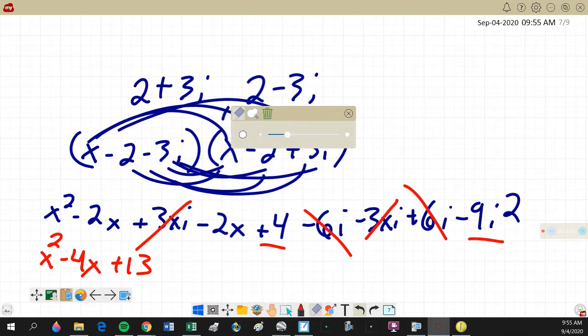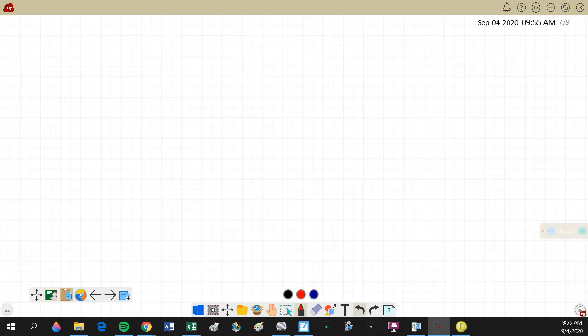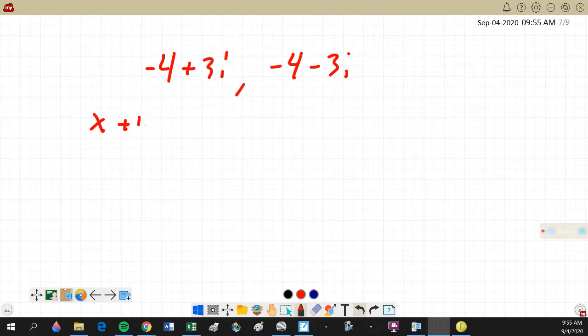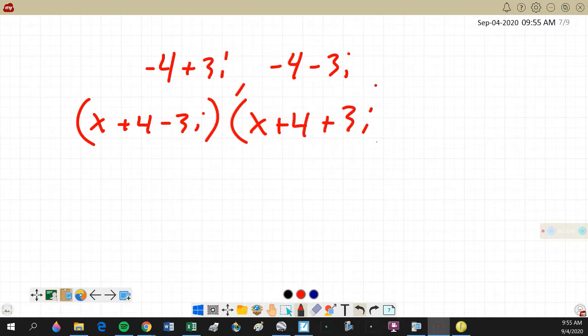So let me do another one for you. And we're going to be doing stuff like this in the future, so this is really good to know. What if I had negative 4 plus 3i? Then the other one would be negative 4 minus 3i. So my factors are x plus 4 minus 3i and x plus 4 plus 3i.